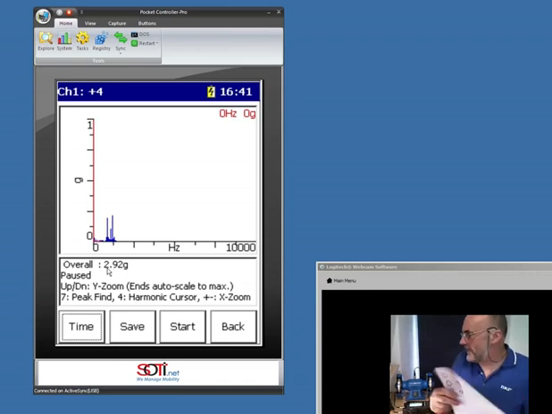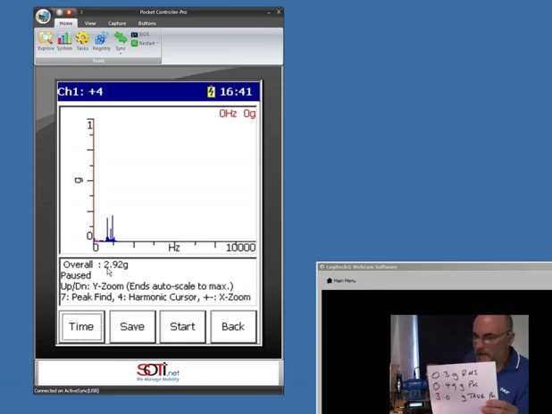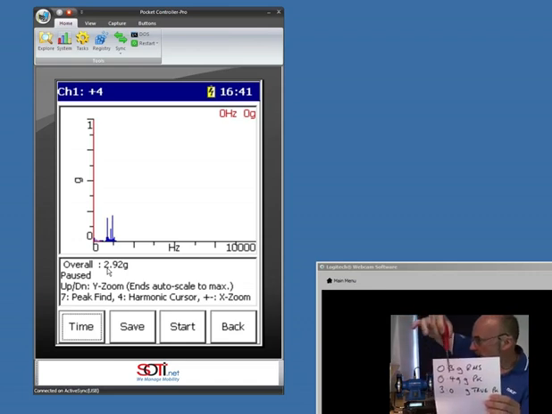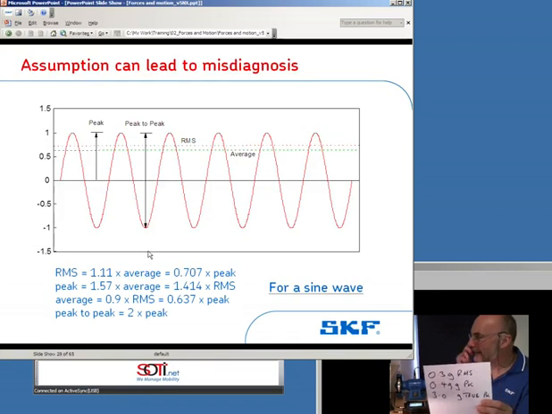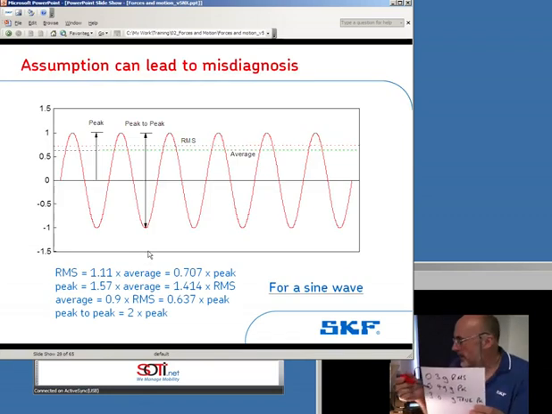Show you the numbers. So here's my result of my survey. I had 0.3 of a G RMS, then changed my detector to peak, and you'll notice the number's gone from 0.3 to 0.49, and effectively that is root 2.